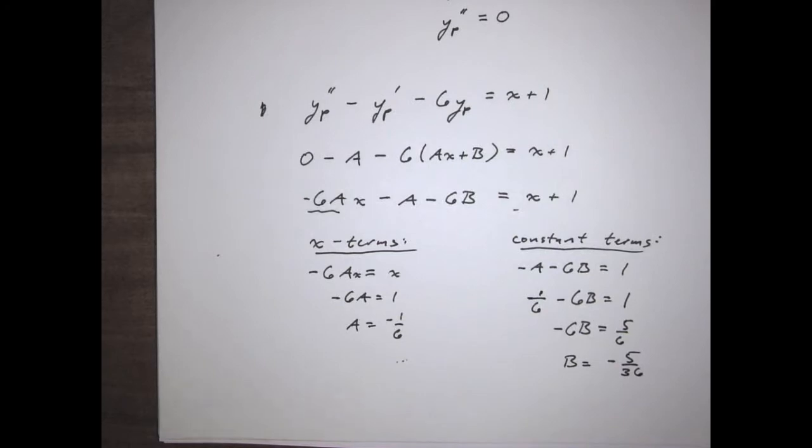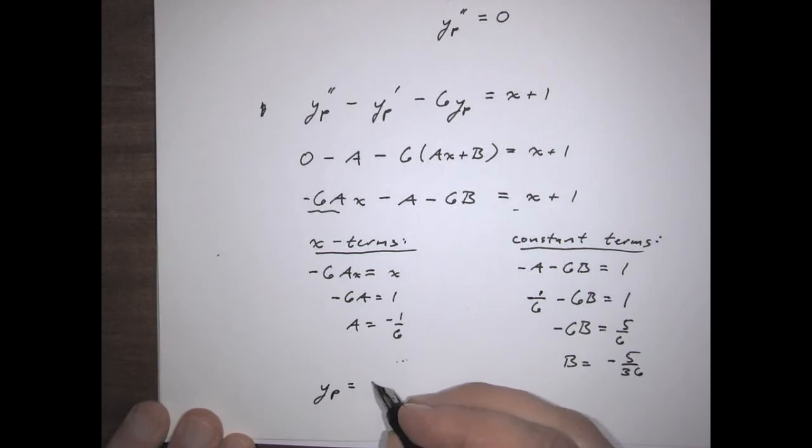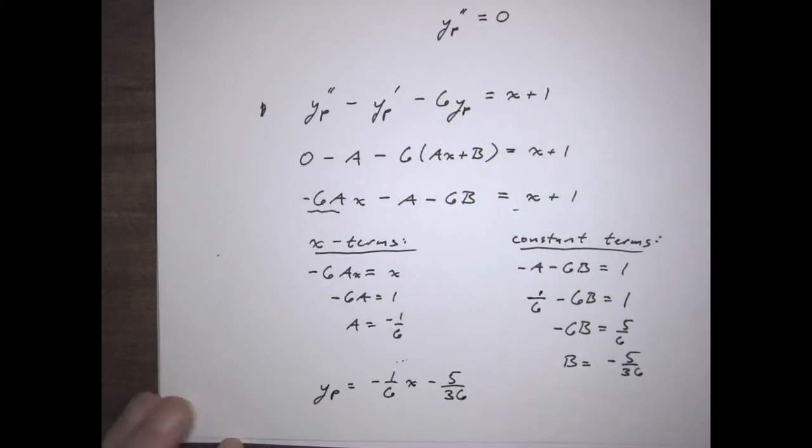So then that's going to give me a particular solution of yp equal to negative 1/6 x minus 5/36.